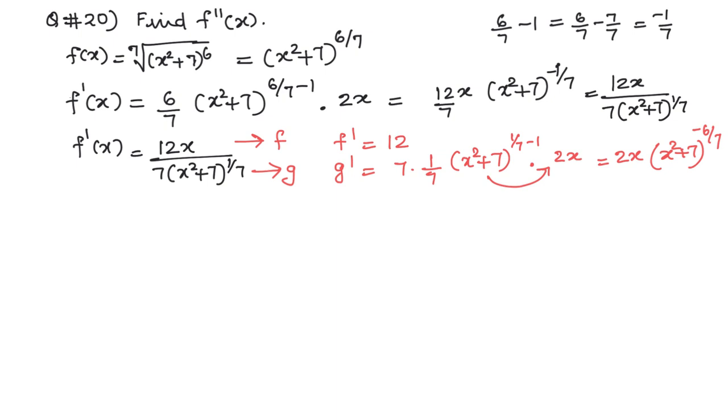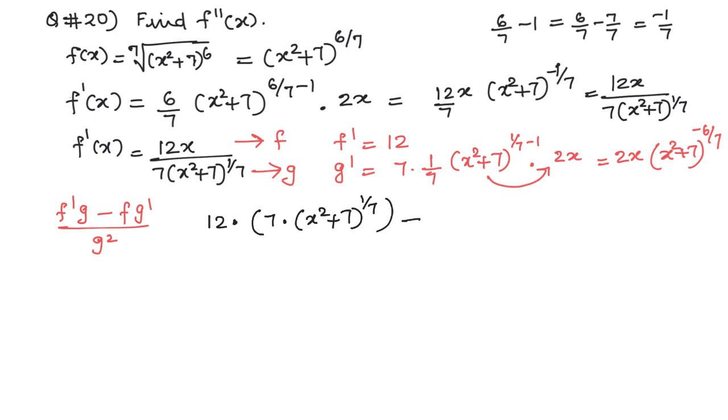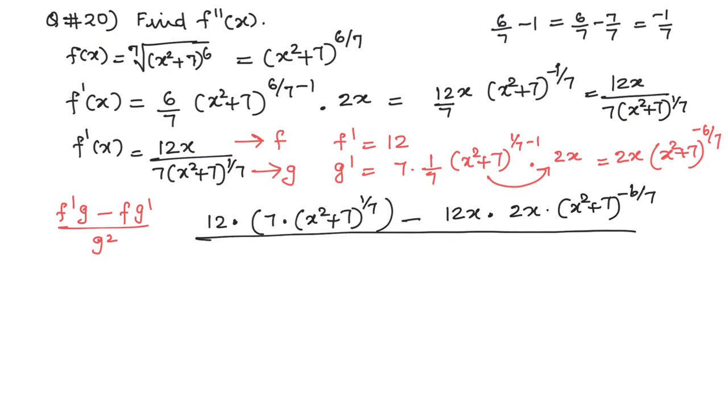Okay, now I'm going to apply the formula. So f prime g minus f g prime divided by g square, right, while applying the quotient rule. So f prime is 12 times g, that is 7 times x square plus 7 power 1/7, minus f g prime, that is 2x times x square plus 7 power negative 6 over 7, whole divided by g square.